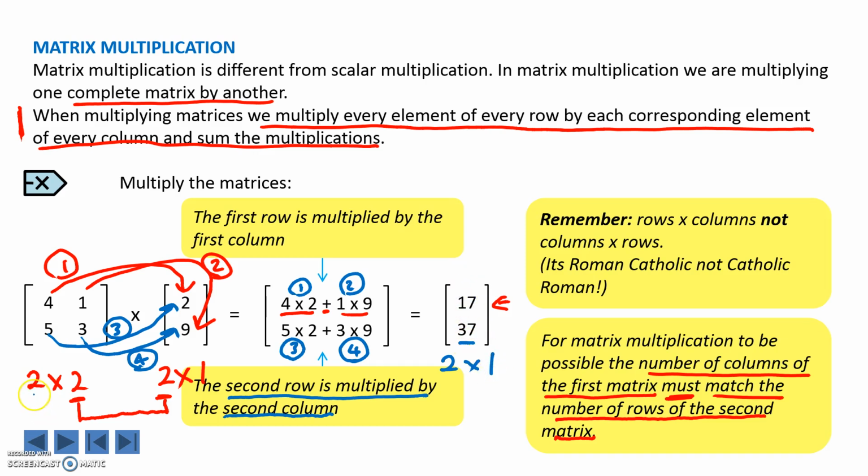If we look back to our original orders that we worked out, these 2 outside ones give us the order of our resulting matrix.